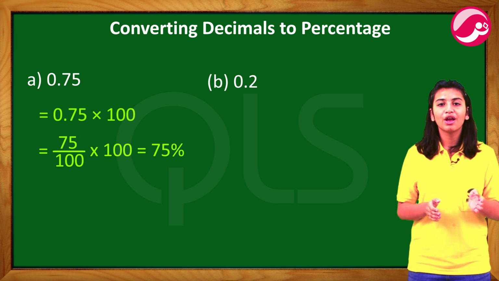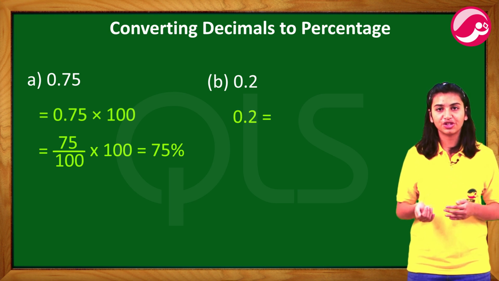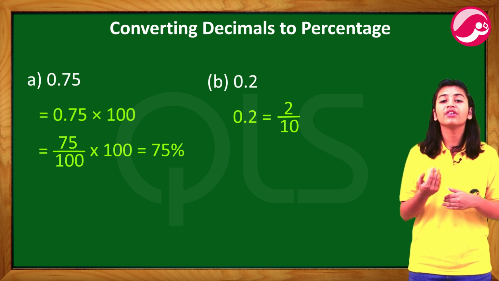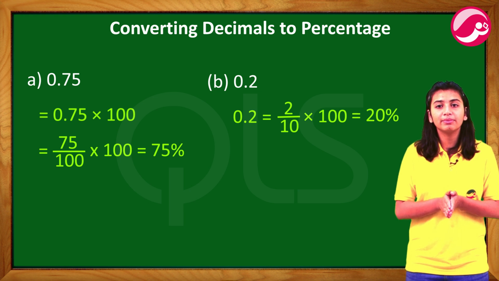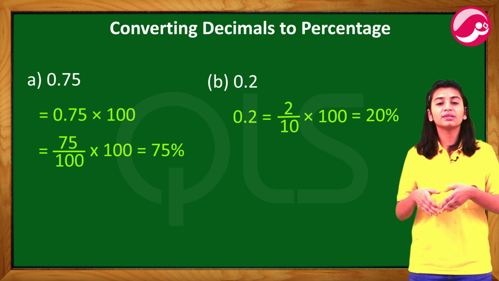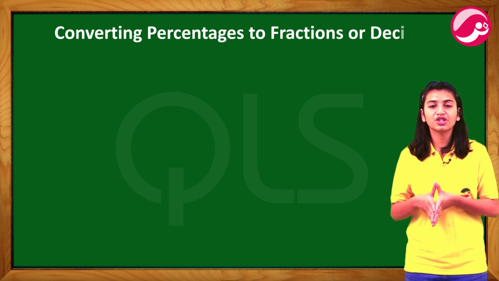Easy. B, 0.2. 0.2 can be written in the form of a fraction 2 by 10. Now we can multiply it by 100, so 2 by 10 into 100 will be 20%. 20% is our result.